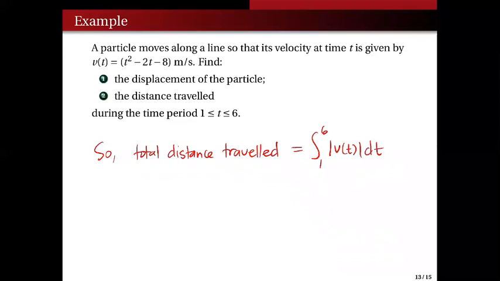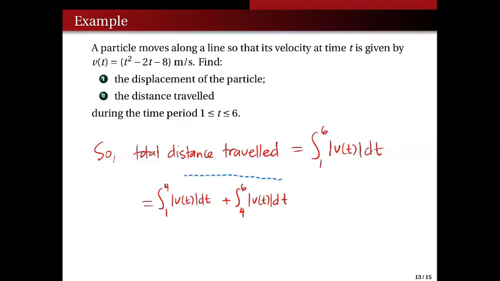But this guy here is the integral from 1 up to 4 of the absolute value of v of t dt plus the integral from 4 up to 6 of the absolute value of v of t dt.